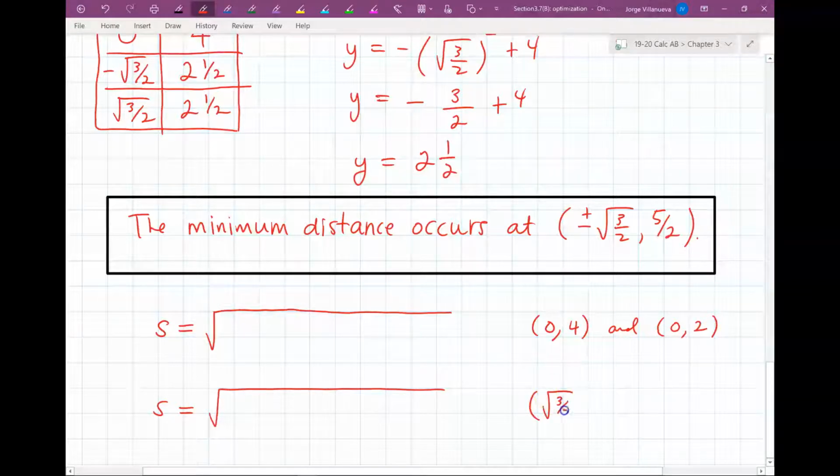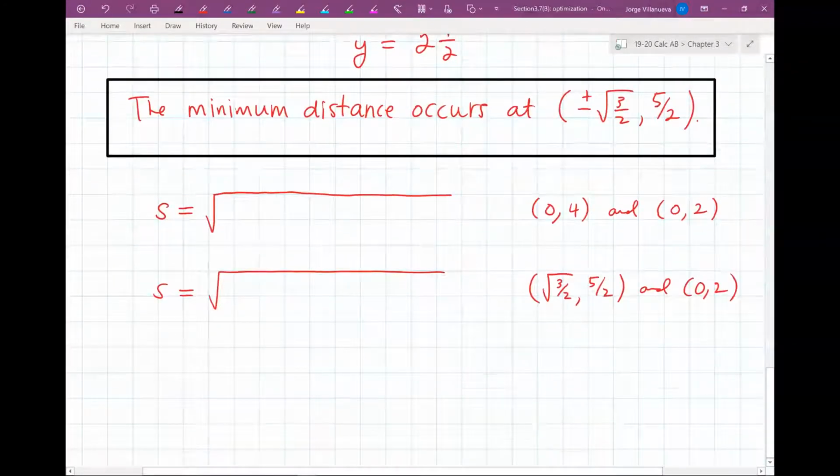Radical 3 over 2, comma, 5 over 2, and 0, 2. So let's do that. Now here's the formula for it. Between those 2 points, the difference between the x's is 0 minus 0 squared, plus the difference between the y's would be 2 squared.